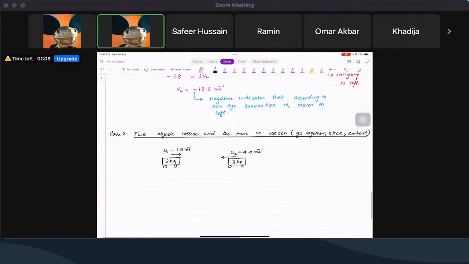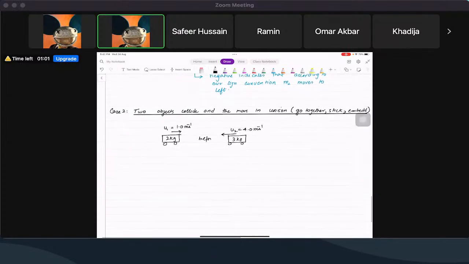So this is what is happening before, and afterwards they both stick together somehow. Okay, there's a possibility, and now they're going at a velocity and we want to find that. We don't know the direction as well. Is it clear, everybody?